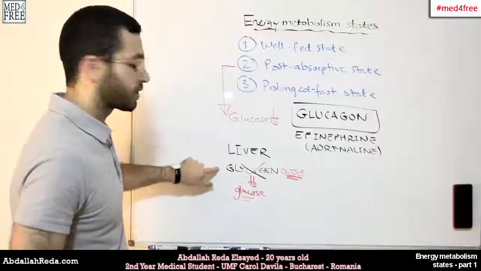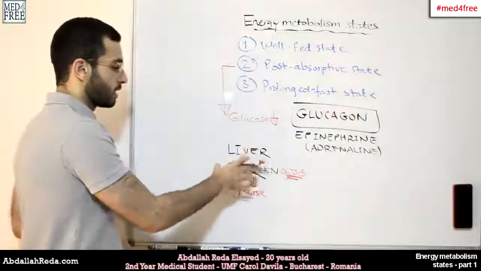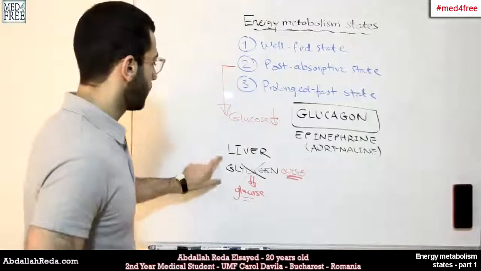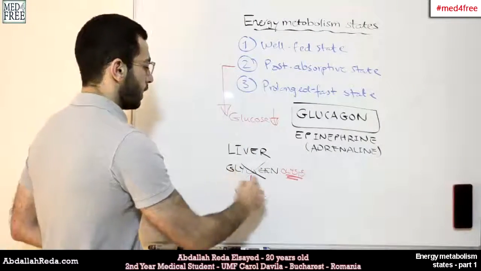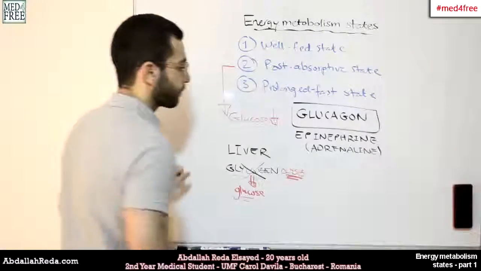This is why it's so significant for glucagon, and this is why we always mention this function. So glycogen would be broken down into glucose and released into the blood stream.